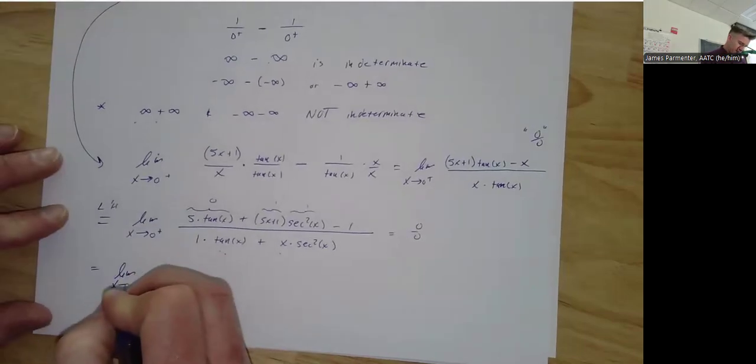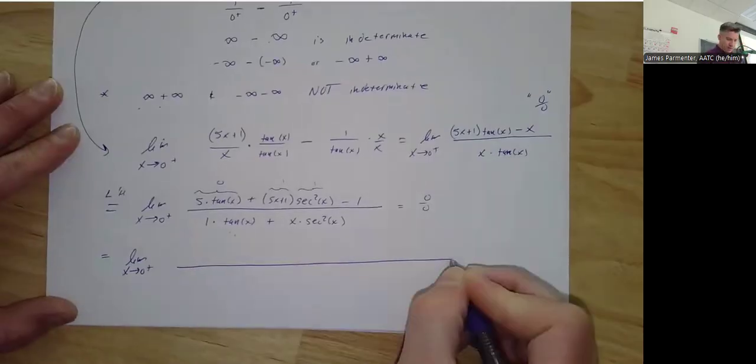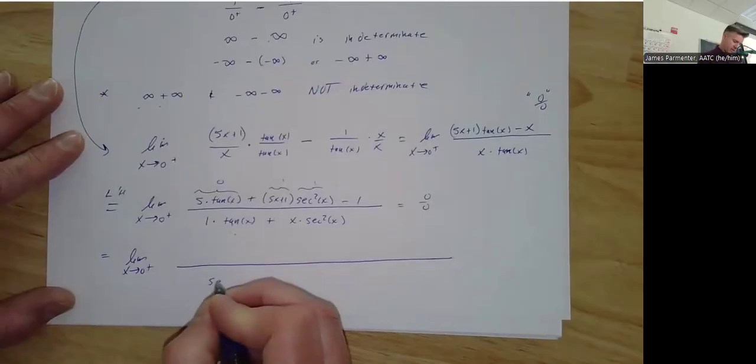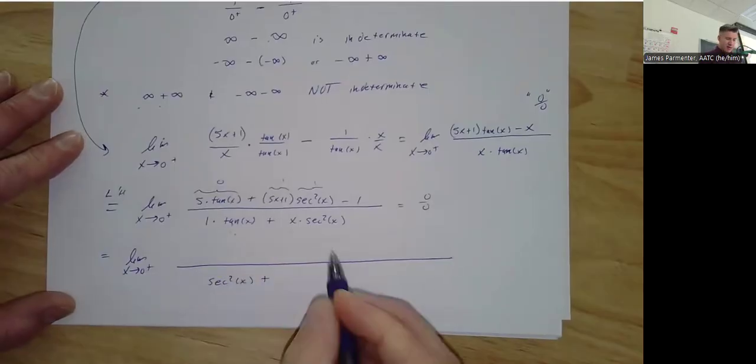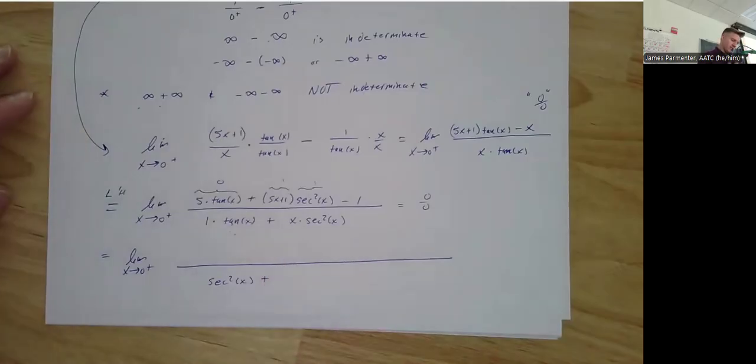Let's see. So you get the limit as x goes to 0 from the right. On the bottom, the derivative of tangent of x is secant squared of x, plus product rule over here. Interesting. Sorry, I'm just having a thought. One moment. No, that's kind of dumb.